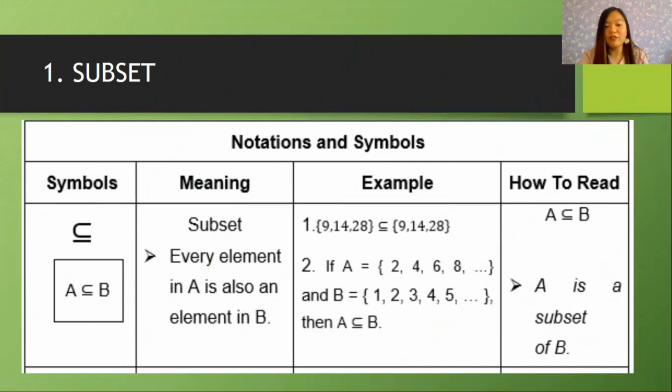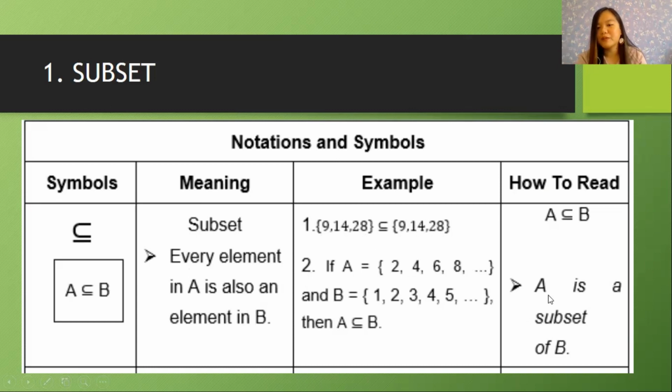Subset meaning to say every element in A is also in B. So the elements in A is also an element in B, meaning to say, for example, this one, 9, 14, 28 is a subset of 9, 14, and 28. So exactly the same.